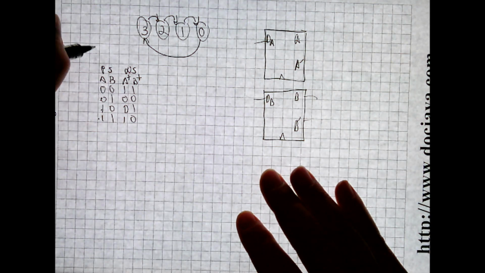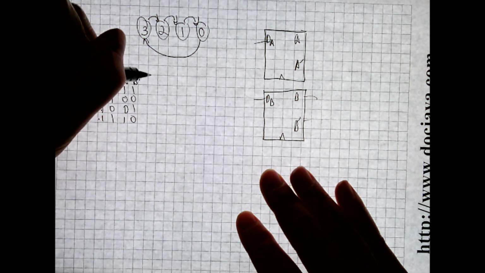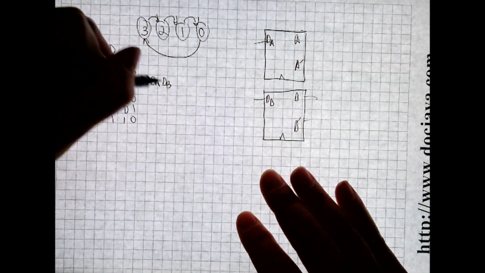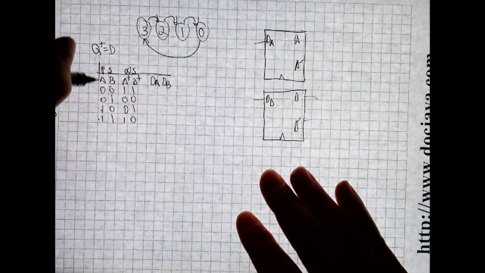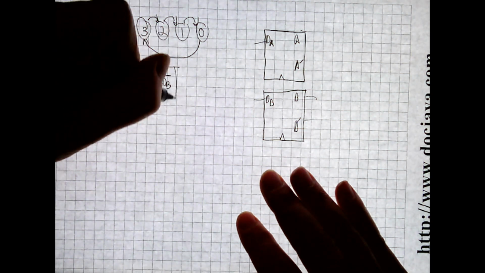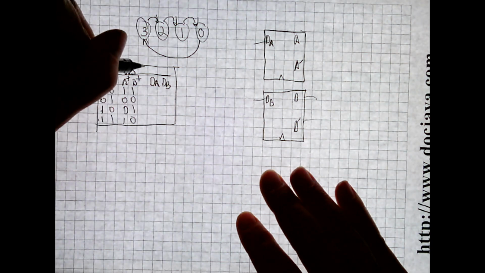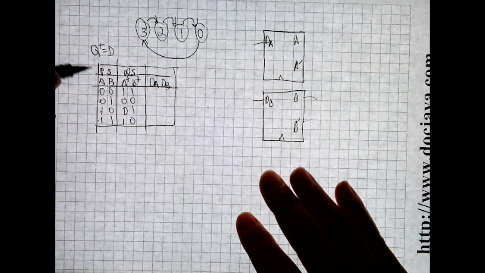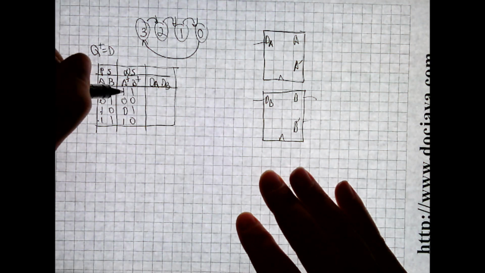And now, using the characteristic equation that says Q plus must be equal to D, I can get D sub A and D sub B. And I know if I want the input to be 1, then the next state is going to be a 1.